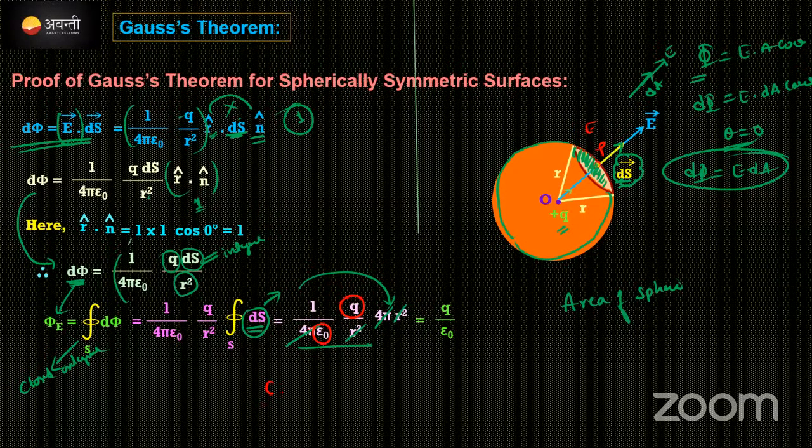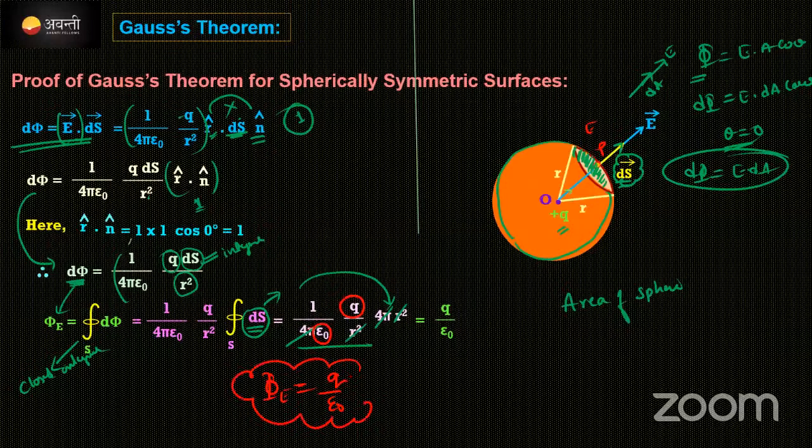Means इधर total flux value क्या आ गया हमको? It is equal to q by epsilon naught. This is called the Gauss law. Clear na? Means the flux value for any closed surface is equal to q by epsilon naught.